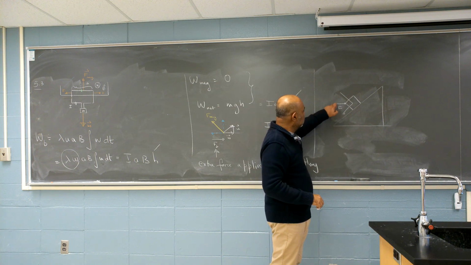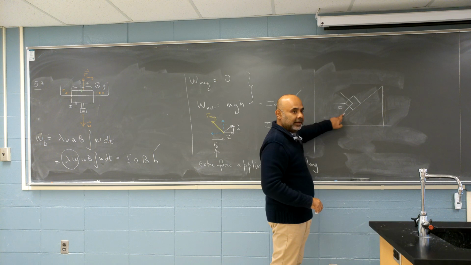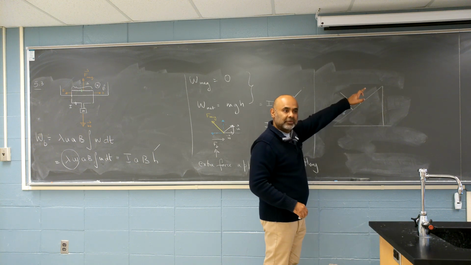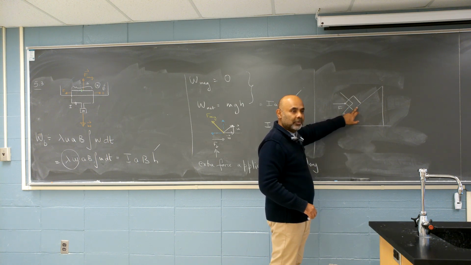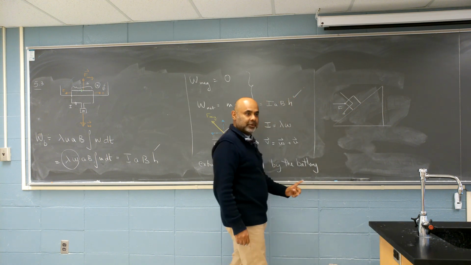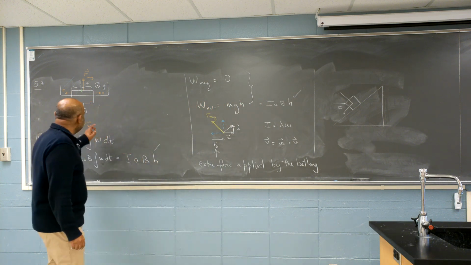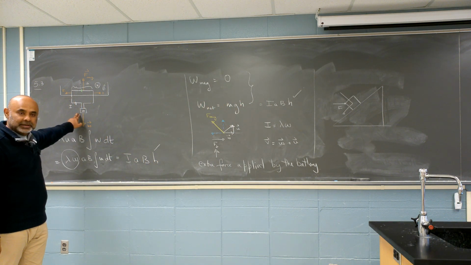Clearly, this has a vertical component and a horizontal component, so the block is going to move upward. Now that is possible only because of the normal force. So here too, the battery does the work. The magnetic field simply redirects the force.